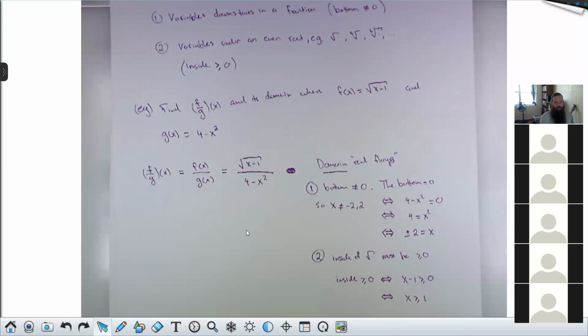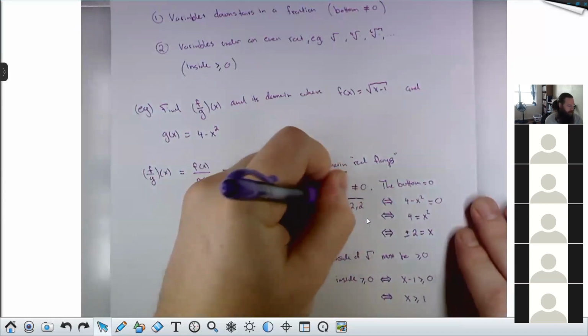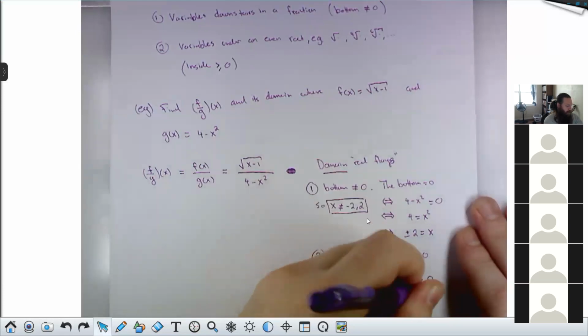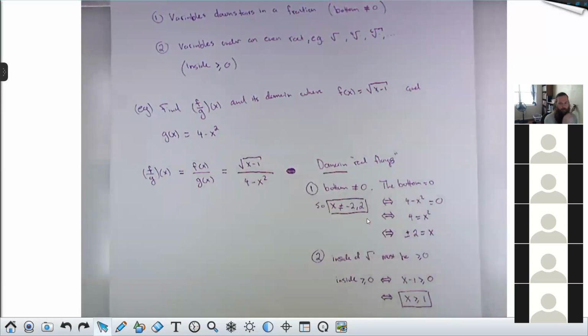So these are the things I need to be on the lookout for. I need to make sure that x is greater than or equal to 1, and also not equal to 2 or negative 2. Now, one of the things I noticed we had a little bit of trouble with on the test is taking information like this and putting it into interval notation.